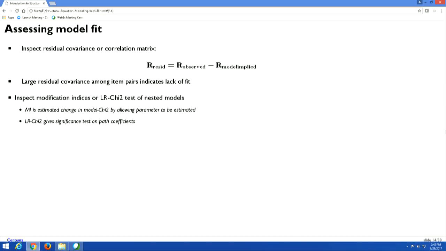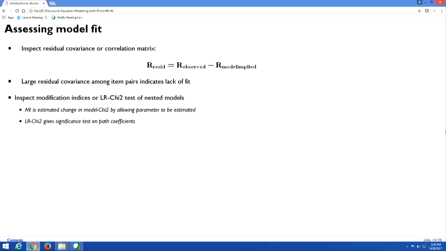So you want to inspect the residual covariance or correlation matrix, which again is just the observed correlation matrix minus the model implied or predicted correlation matrix. And if you have large residual covariances or correlations among some item pair or a number of item pairs, then that suggests that the model doesn't reproduce what you observe in the data for those two variables very well.